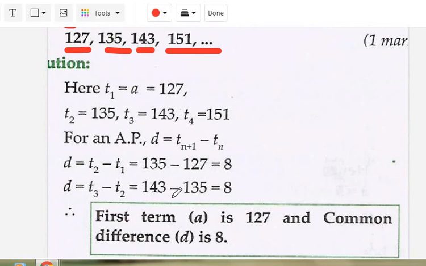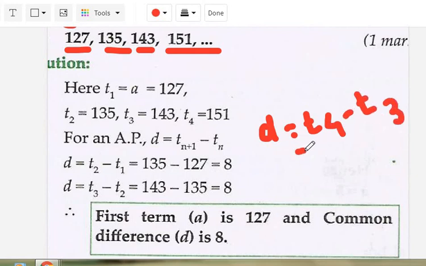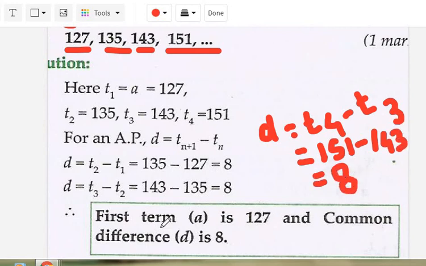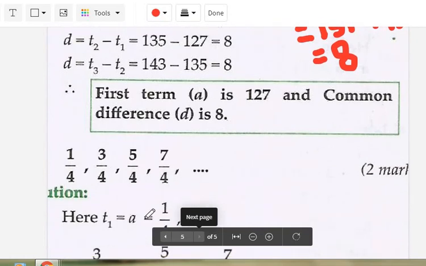Then T3 minus T2, 143 minus 135, this is also 8. Then T4 minus T3, T4 is 151 minus T3 is 143, that is also 8. And therefore first term is 127 and common difference D is 8.